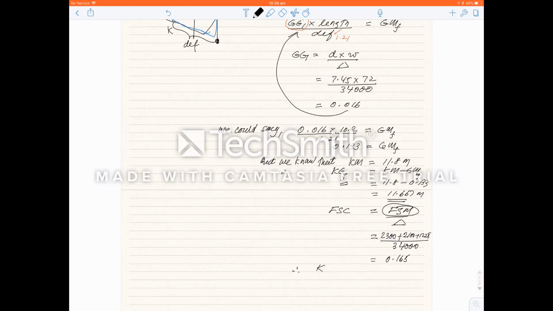Therefore, KG solid will be equal to KG fluid minus free surface correction, and you will get 11.667 minus 0.165 equals 11.502 meters. So this is the solid KG of the ship at the time of inclination.